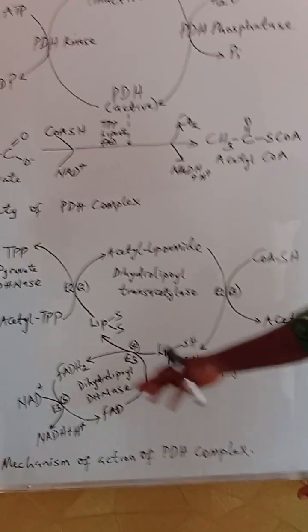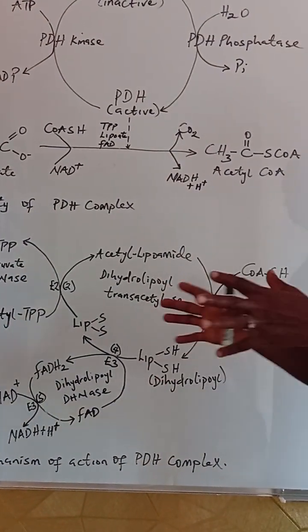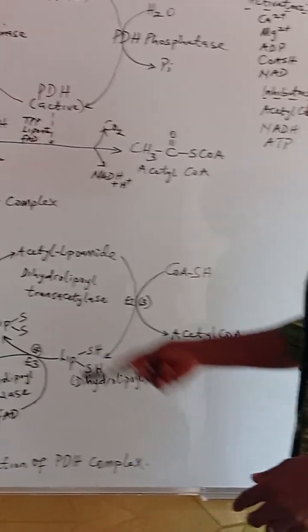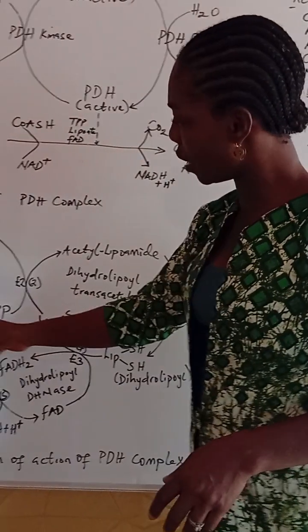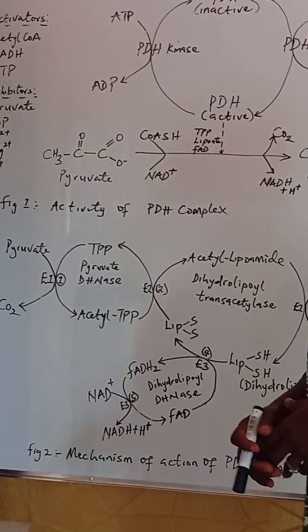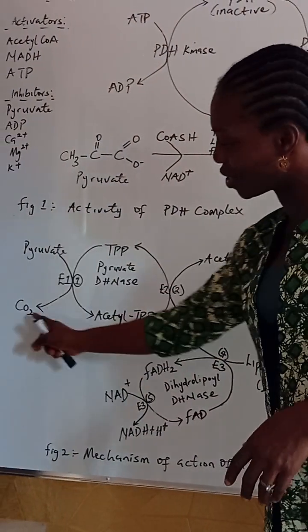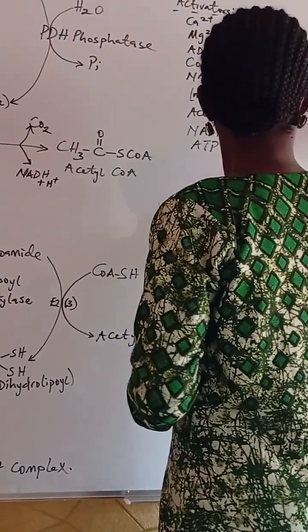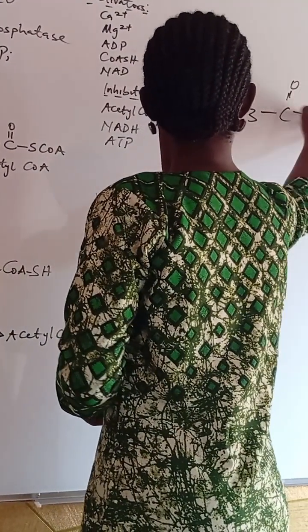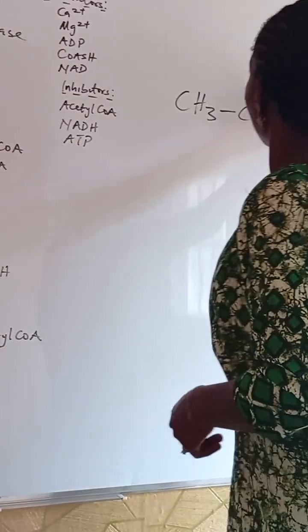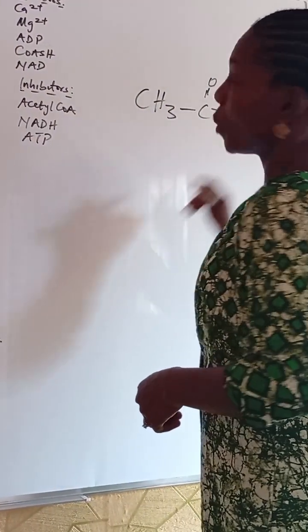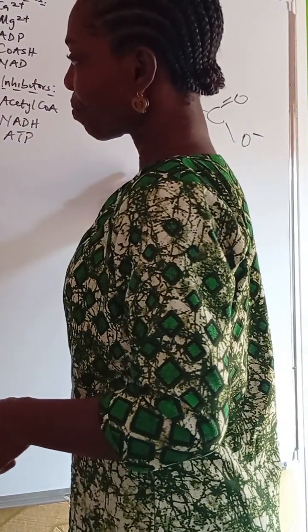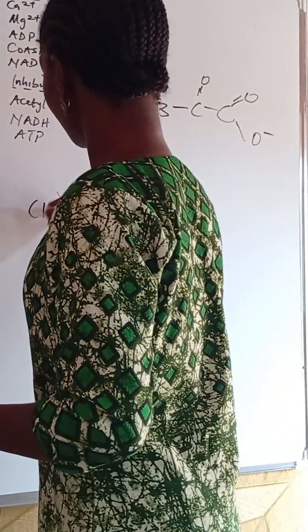In this complex that contains 3 enzymes in one. Let's see that. The first enzyme of this pathway, the pyruvate dehydrogenase, catalyzes the removal of CO2 from pyruvate. So we have pyruvate right here.